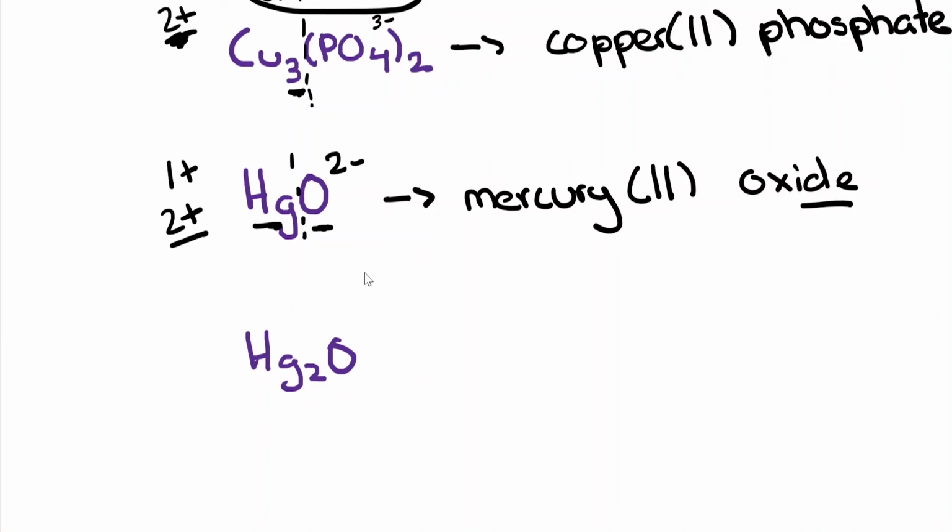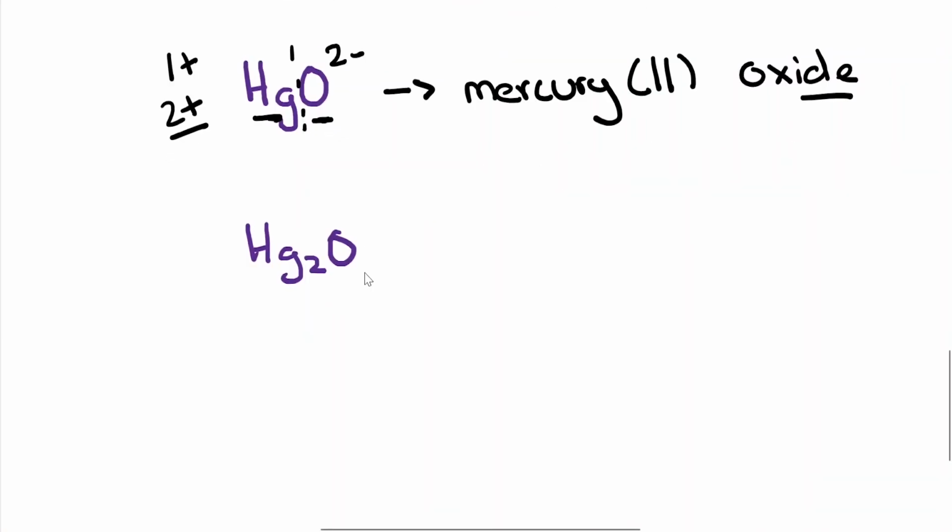And the final example here is very similar to the previous one. But for this example, you actually have 2 mercury. So we know the oxygen is going to have a 2 minus charge. But now, remember how the mercury could have either the 1 plus or the 2 plus charge? Since there's 2 mercuries, this means that we're going to have the 1 plus mercury involved in this compound.